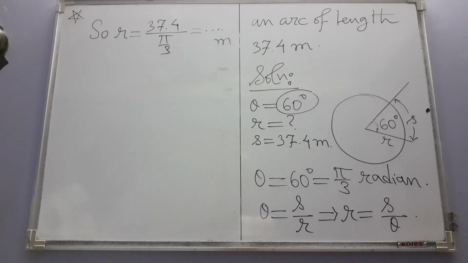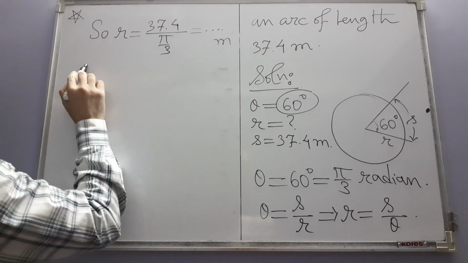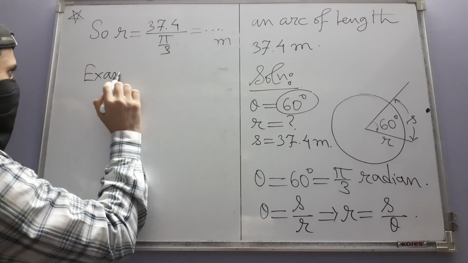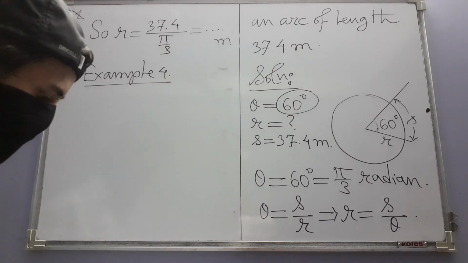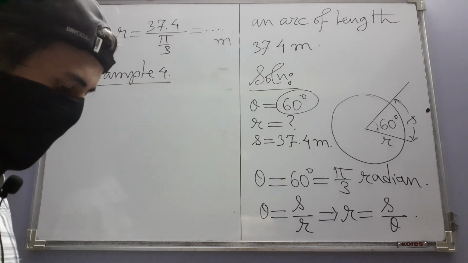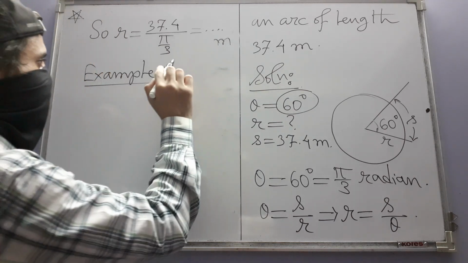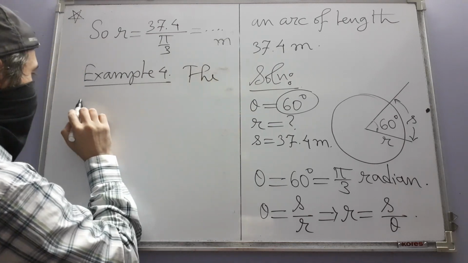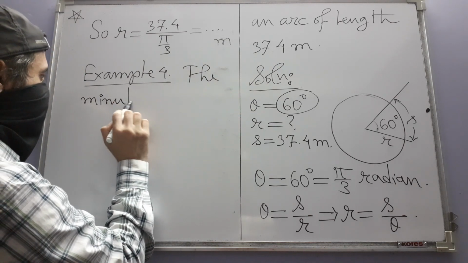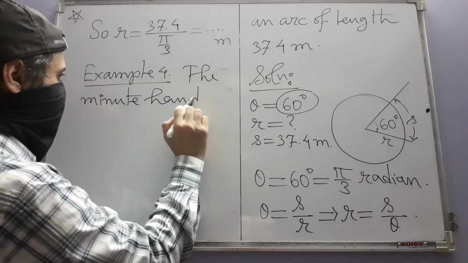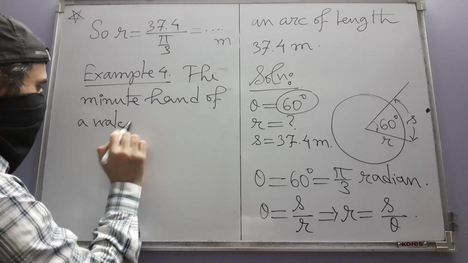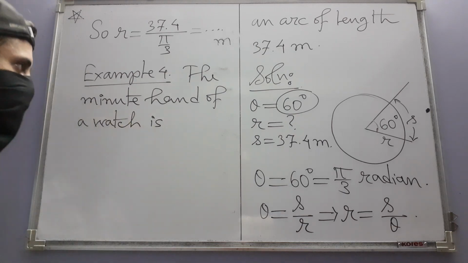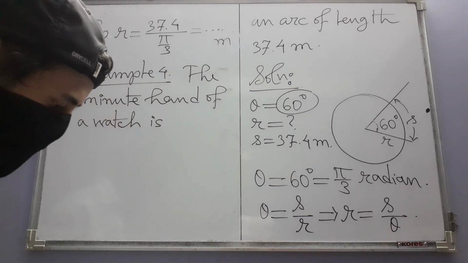Okay, so this was example 3. Next, example 4. This one is quite interesting. Example 4 tells us the minute hand of a watch, its length will be given, I think.